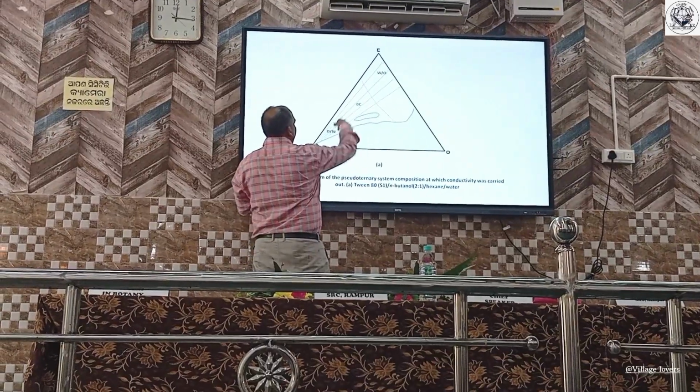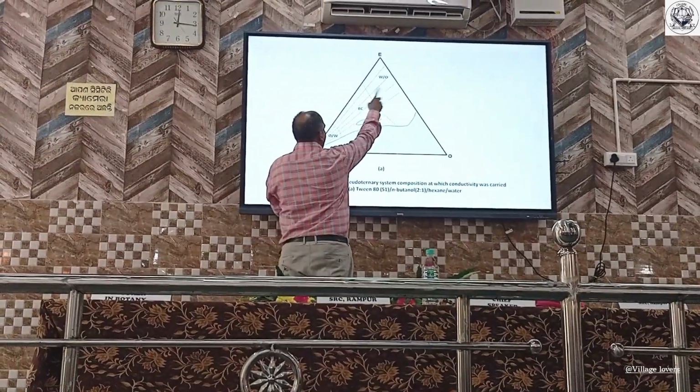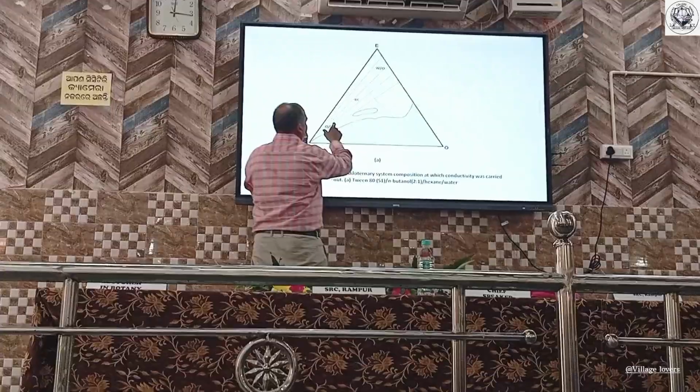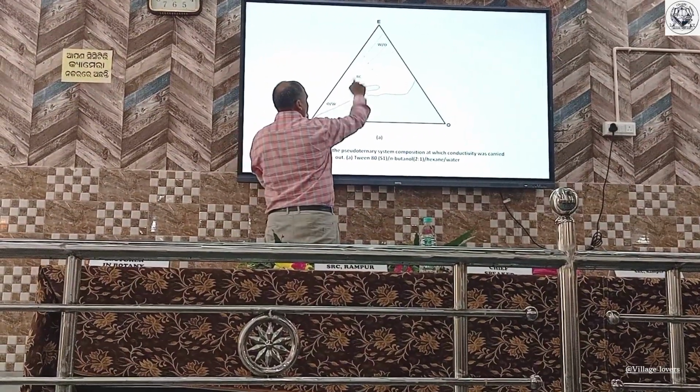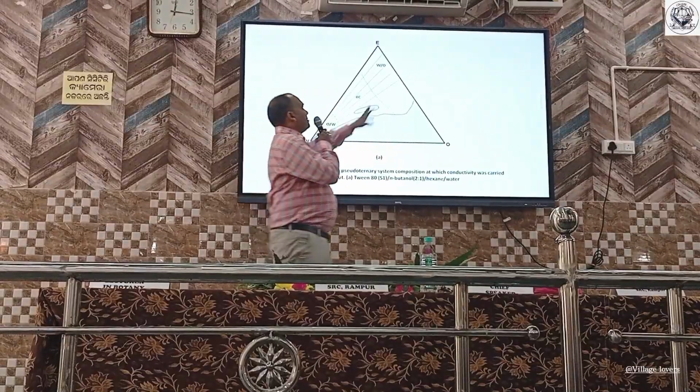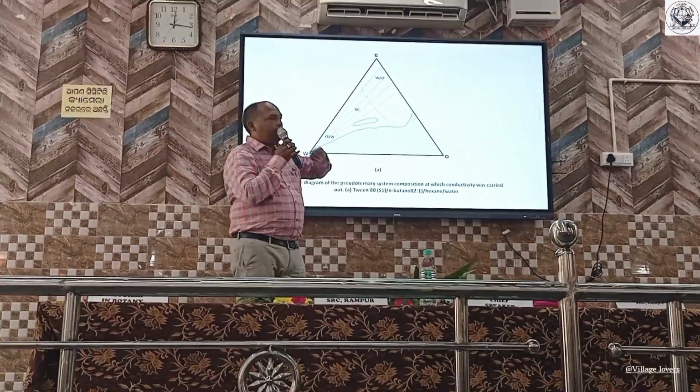Again in this phase diagram, this is the microemulsion phase, and this concentration is oil and water, this is bicontinuous, and this is water and oil microemulsion.